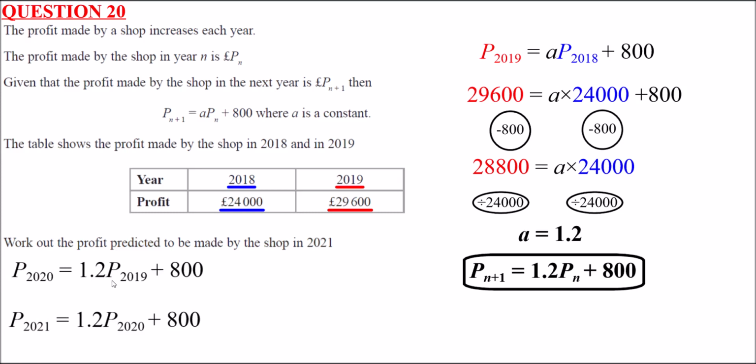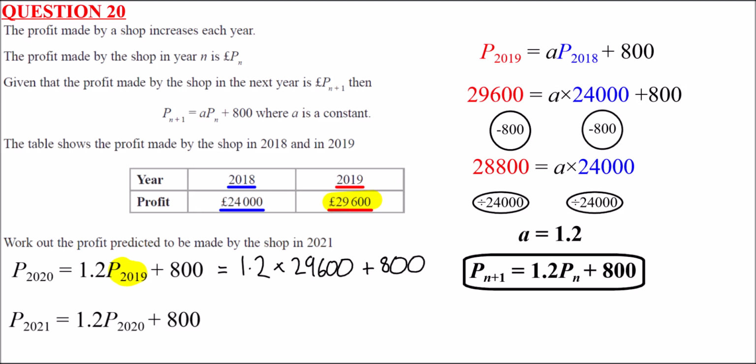So for 2020, it's going to be 1.2 multiplied by the profit in 2019, which we're told, plus an extra 800. So just substituting in these values, for 2020 it's going to be 1.2 times 29,600 plus 800.